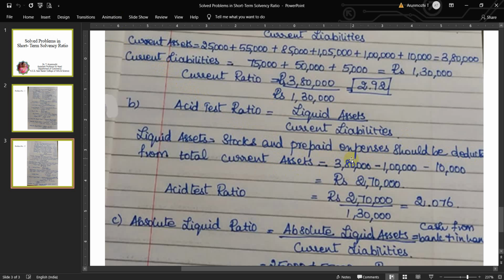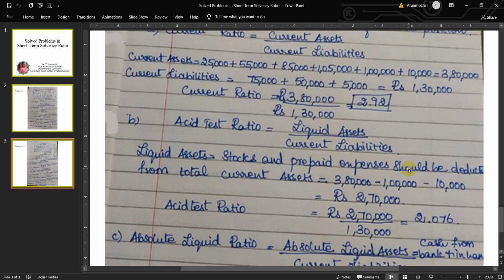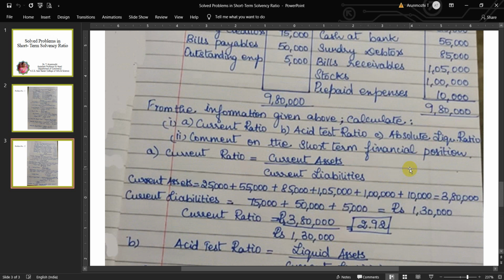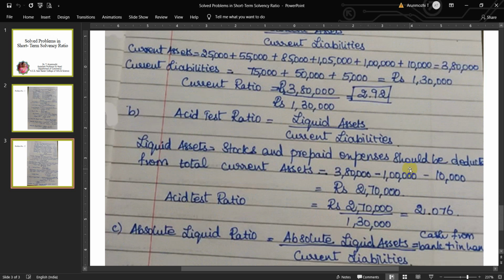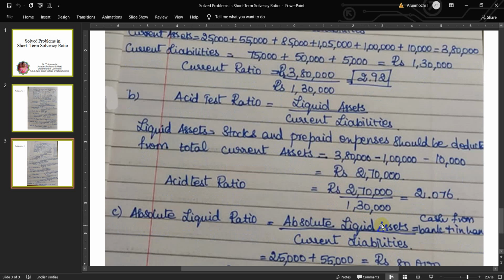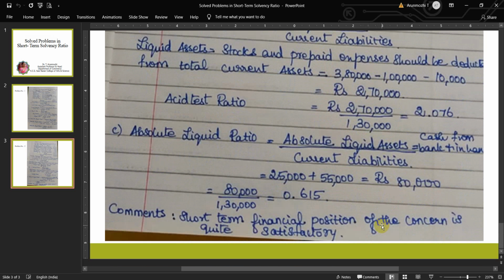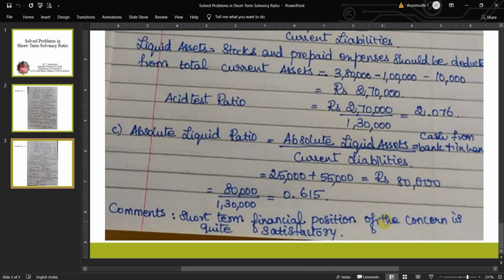So the same way, current assets we had 3,80,000, stock 1 lakh and prepaid expenses 10,000, so 1,10,000 deducted, you get the answer as 2,70,000. Just application of the formula, 2,70,000 divided by current liabilities of 1,30,000. You get 2.076.